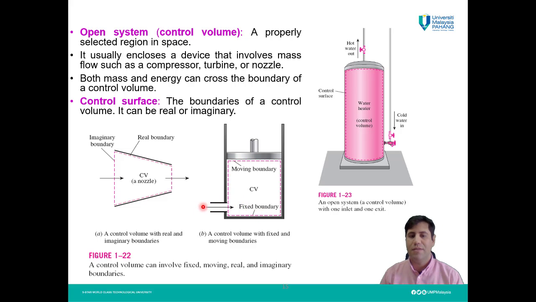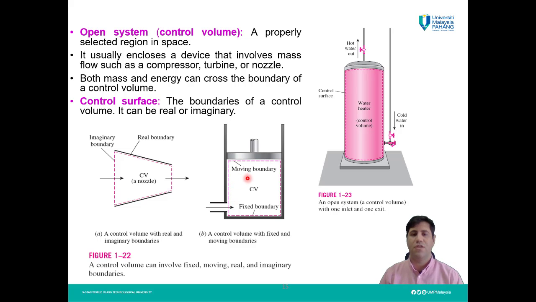Then mass can pass through the border to the system or from the system. So here, as in the previous system, we have fixed boundary, moving boundary, but here we have mass transfer between the surrounding and system. We call this an open system, which in this case we call the system a control volume.